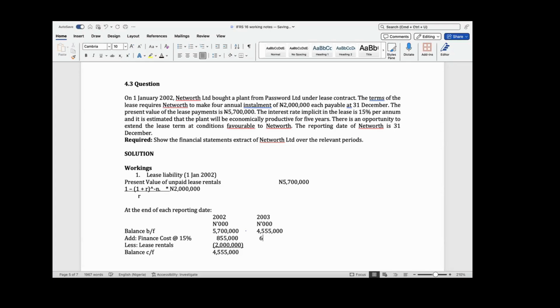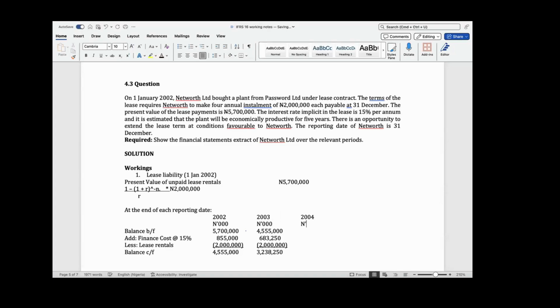Then the rent is 2 million. So what's the balance? 3,238,250.